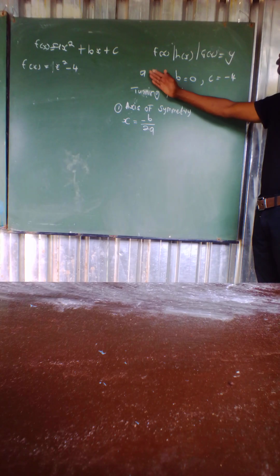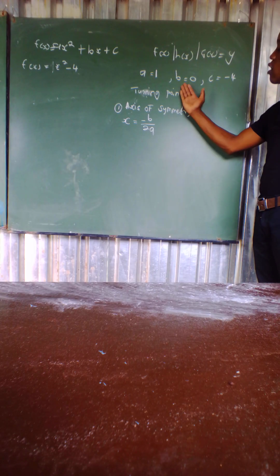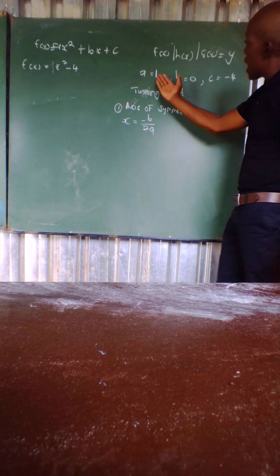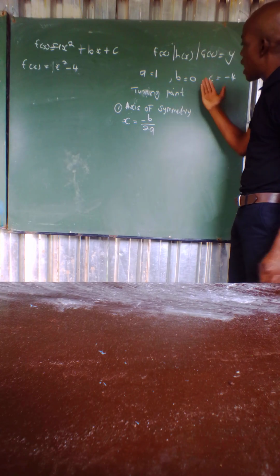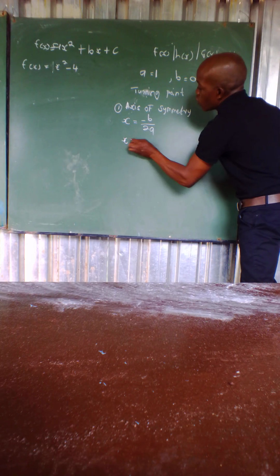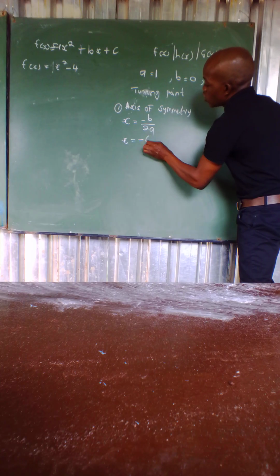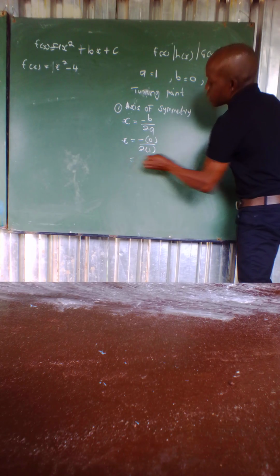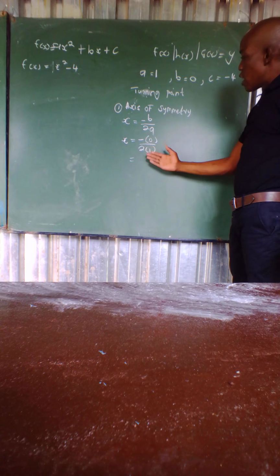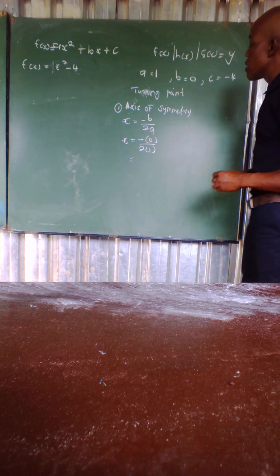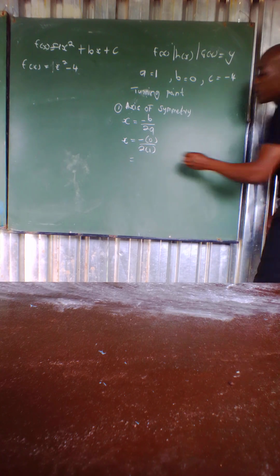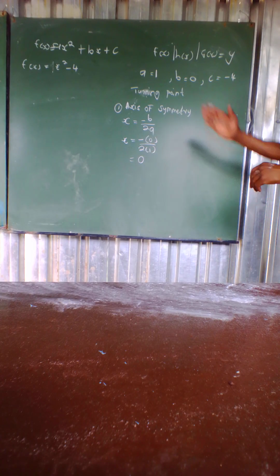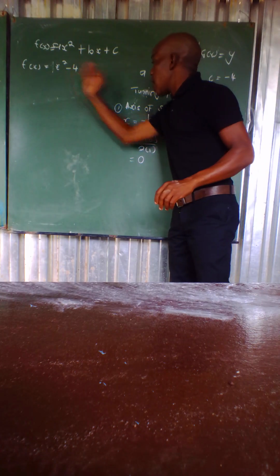Then you will be required to use the value of a and the value of b. My value of a is 1, and my value of b is 0. So x equals minus 0 divided by 2 times 1. Then my value of x on my turning point is exactly going to be 0, because there is nothing to divide, since we did not have the middle term.